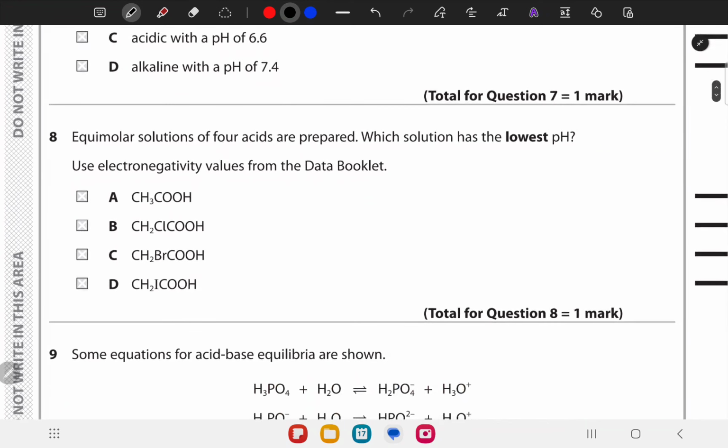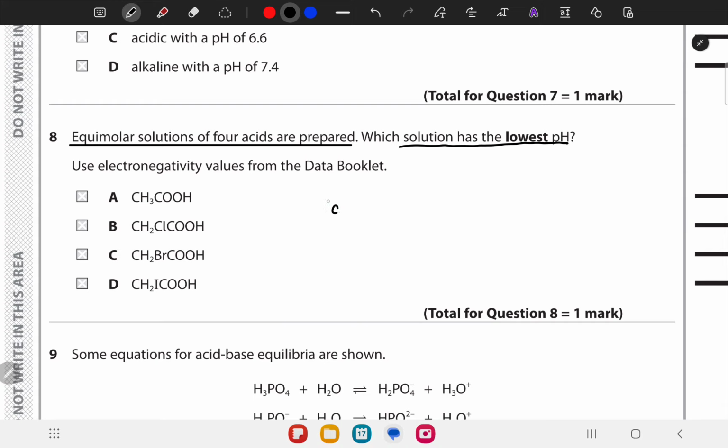Now we are told that equimolar solutions of 4 acids are prepared. Which solution has the lowest pH value? The change between these molecules is the third hydrogen being replaced with one of the halogens.